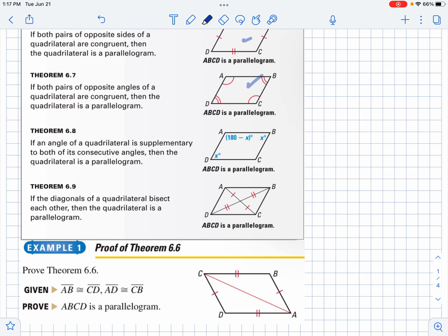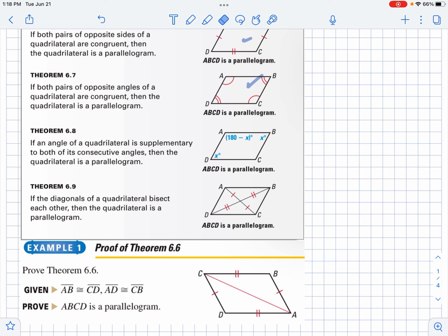Now, here's the next one. If the consecutive angles are supplementary, in other words, if angle A and B are supplementary, if angle D are supplementary, if that happens, then your quadrilateral is a parallelogram.